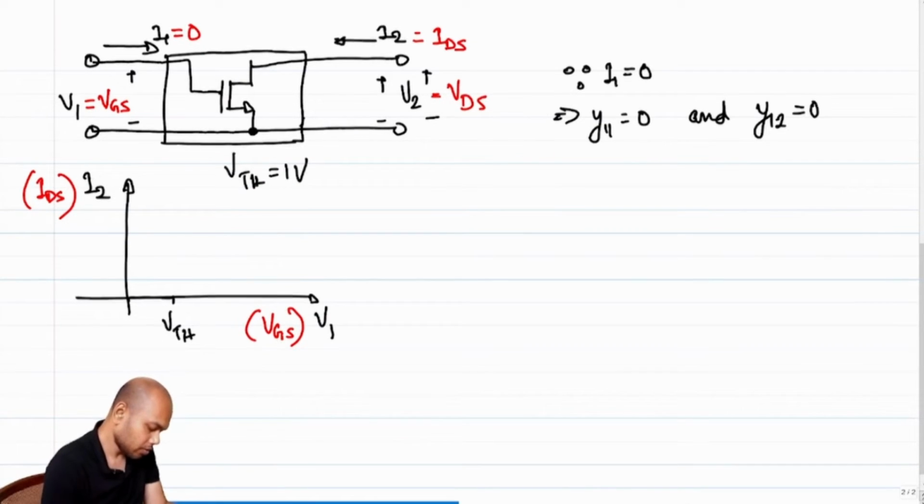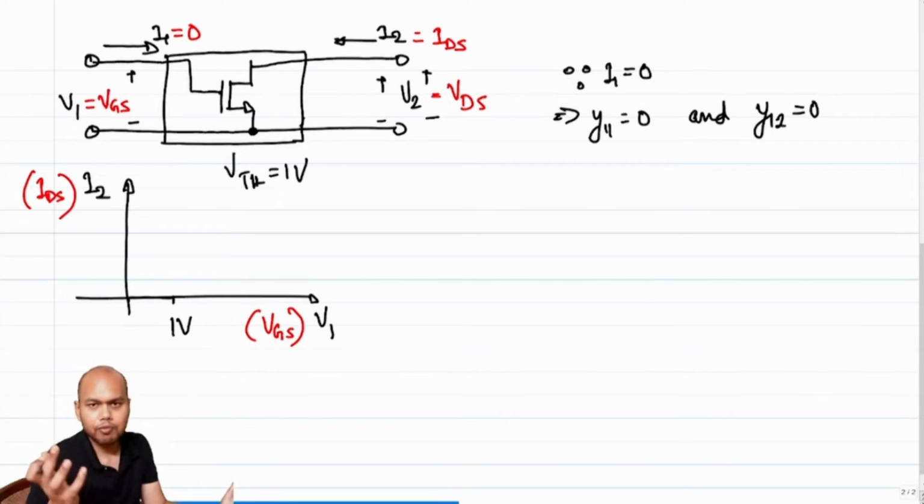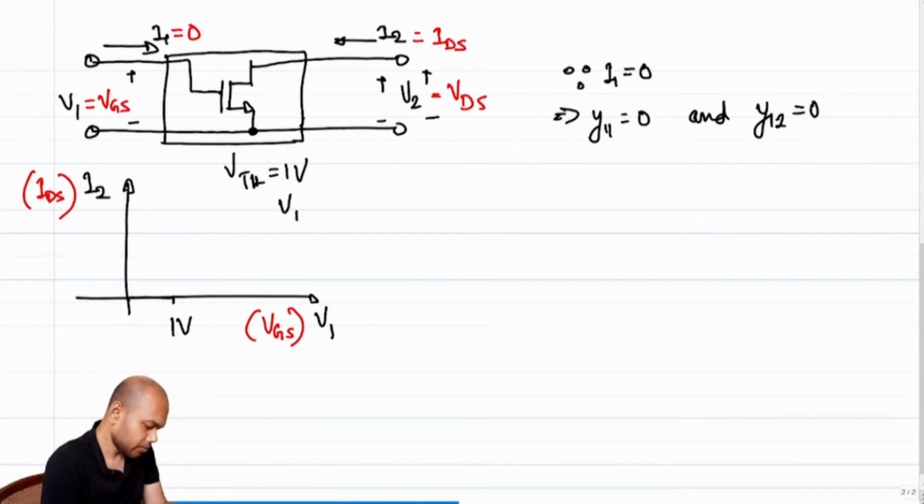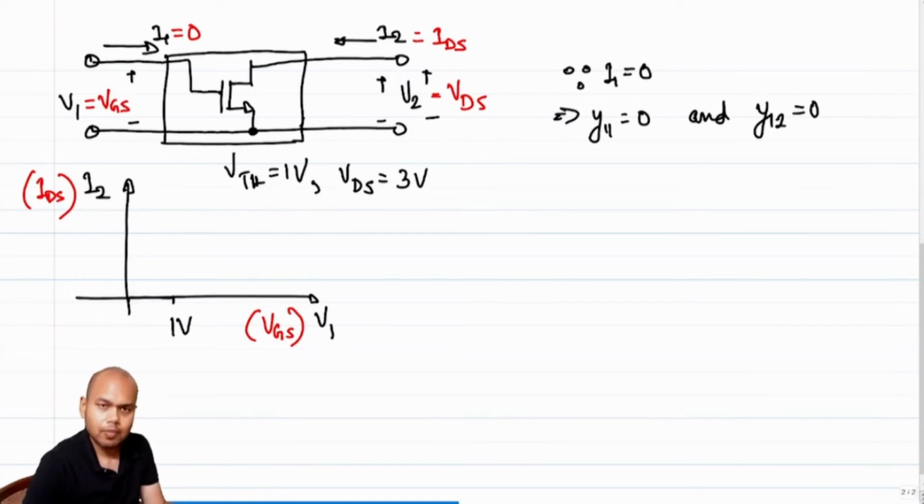So this is 1 volt. And let's further assume some value of the drain voltage, right? Let's assume VDS is equal to 3 volt.